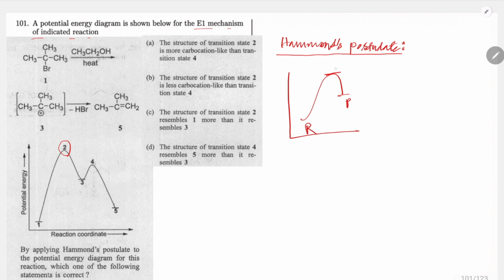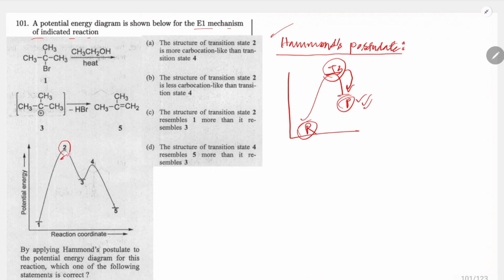The transition state resembles the species which is closer to it in energy. So this transition state is closer in energy to the product, and resembles the product more than the reactant. So this is all about the Hammond postulate.